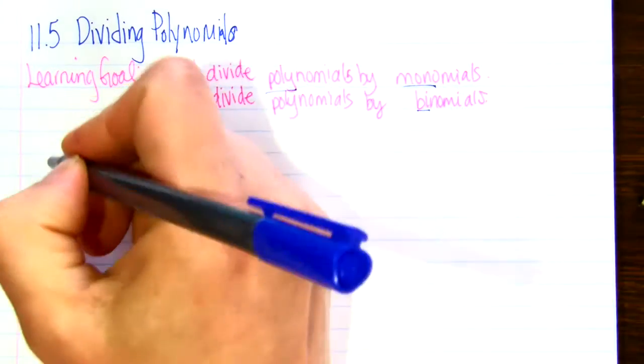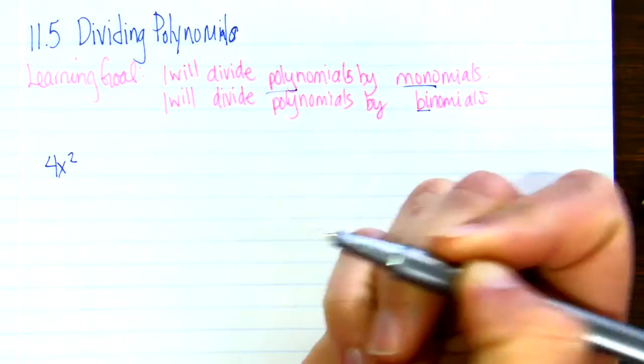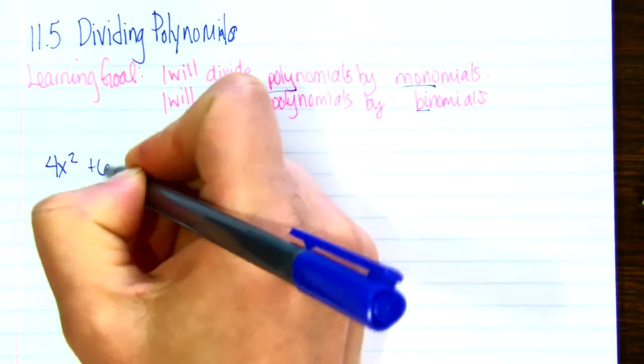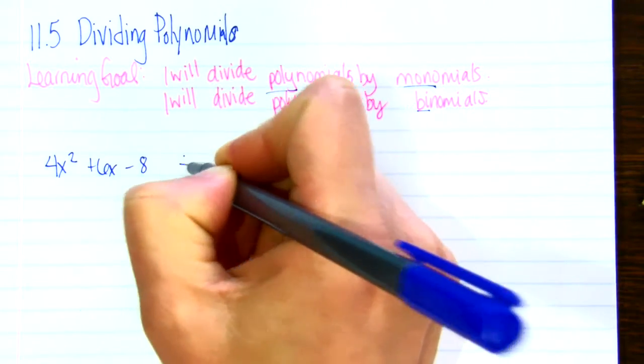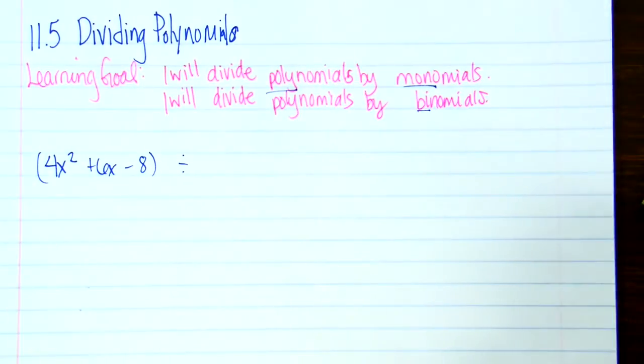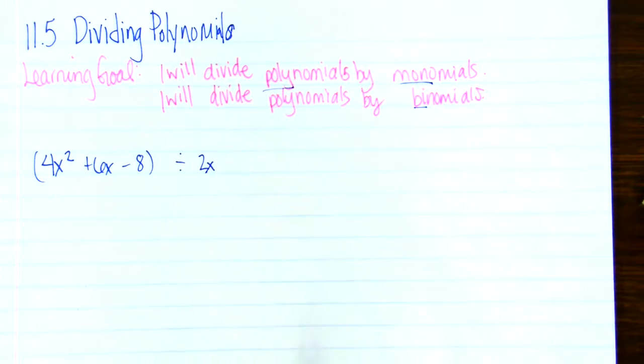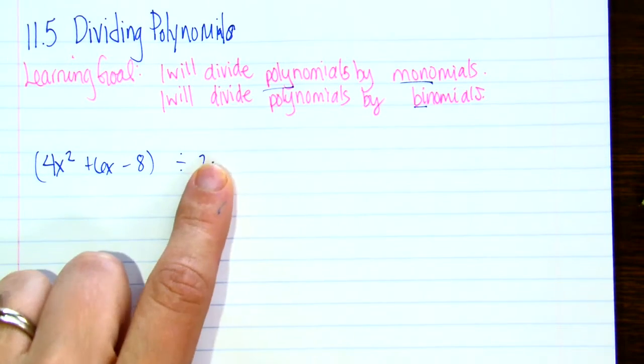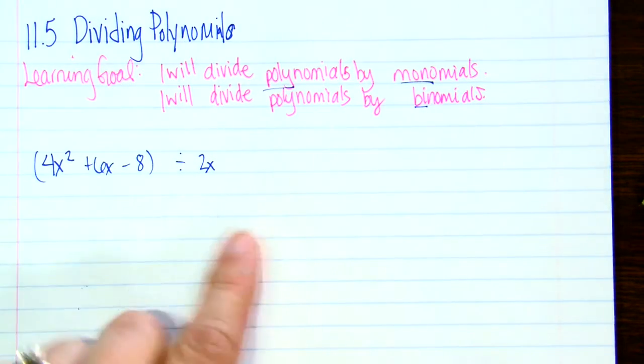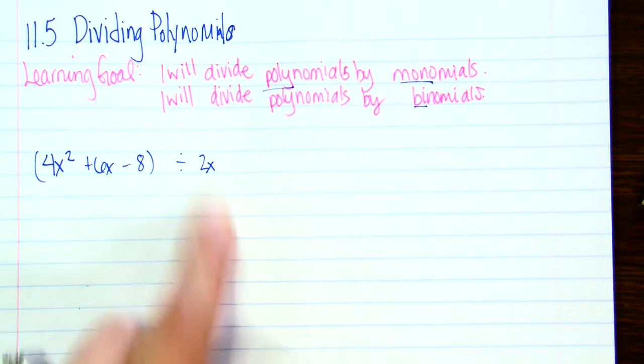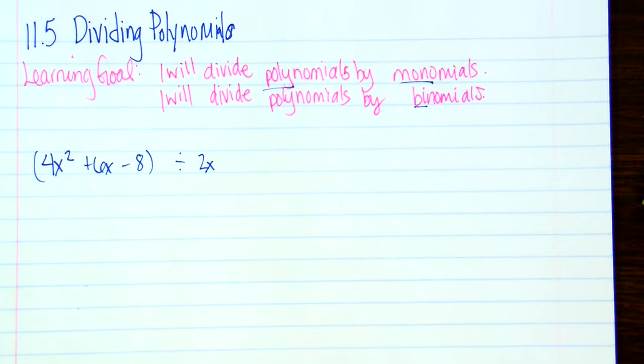So the first thing we're going to be doing is we're going to be taking 4x squared plus 6x minus 8, and we are going to divide that by 2x. So right here we're just dividing by a monomial. There's only one term here. This is the easiest way to do this.